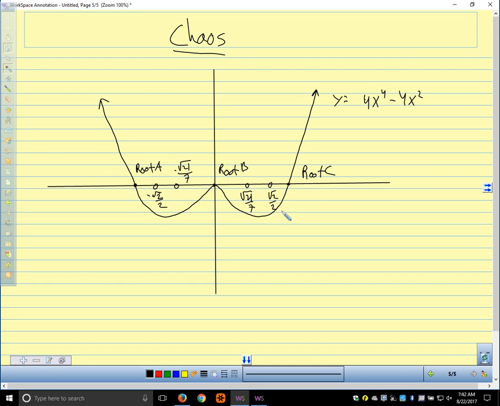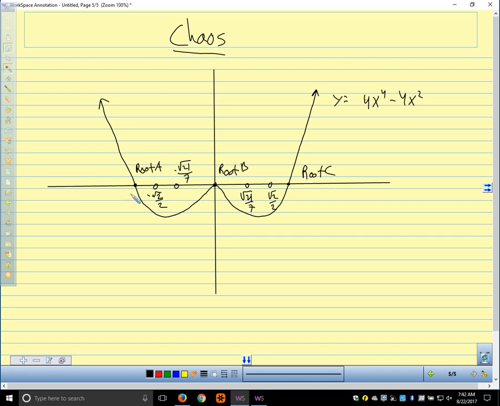Newton's method will lead to root A, alternating with approximations that lead to root B. Between these two, infinitely many subintervals, we can divide it up as tiny as we want, will converge to root B or root C. At the boundaries of the interval, the method doesn't converge. Now, if we get larger than square root of 2 over 2, we converge to root C, and less than negative square root of 2 over 2, we converge to root A.